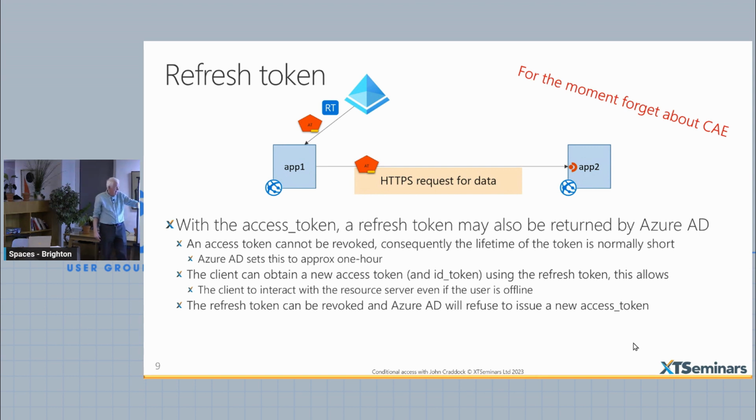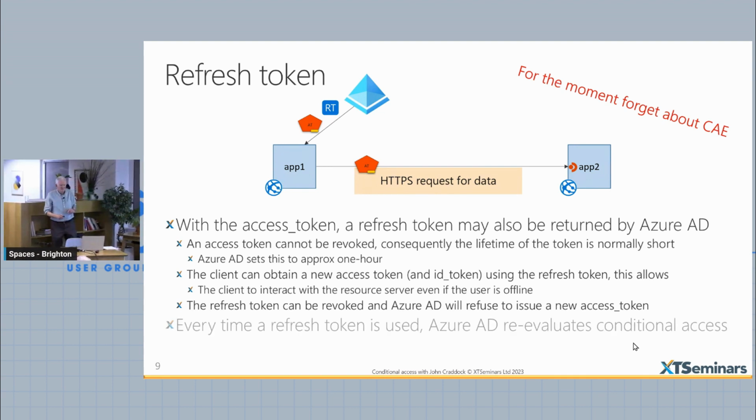What's happening now is that you send your refresh token up to Azure, and the refresh token has a long lifetime. Azure can now check that you're still allowed to have an access token, and it's making that decision every hour. And that's where the refresh token existed.